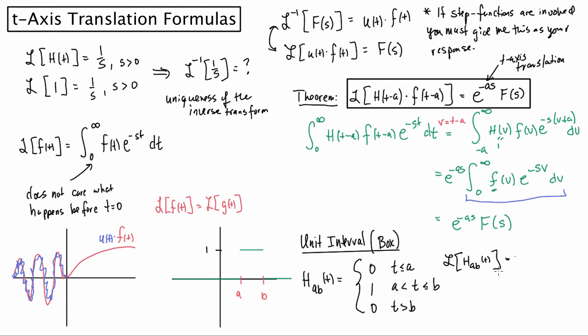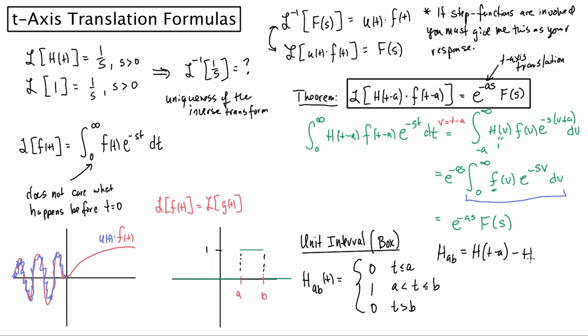is the same as the Laplace transform of h of a minus h of b. So if you look here, h of ab is the same thing as h of t minus a minus h of t minus b, because it turns on at time a and it turns off at time b.